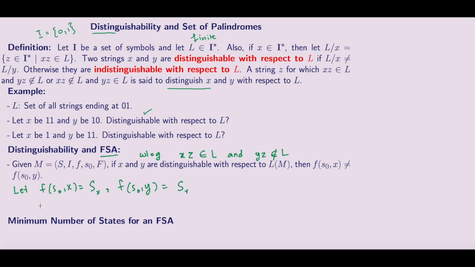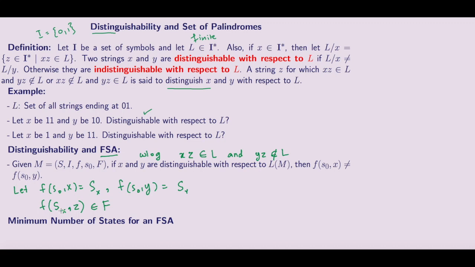So then what is F of Sx z? Does it belong to F? Yes, it belongs to F because xz is a member of the language. When it's a member of the language, it means that we start with S0, traverse x and reach Sx.